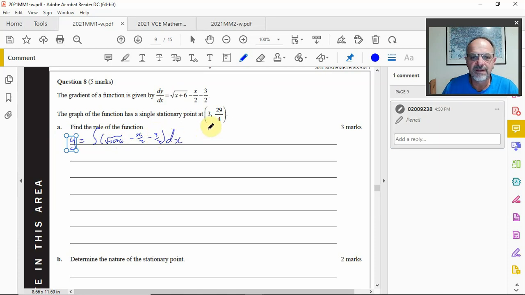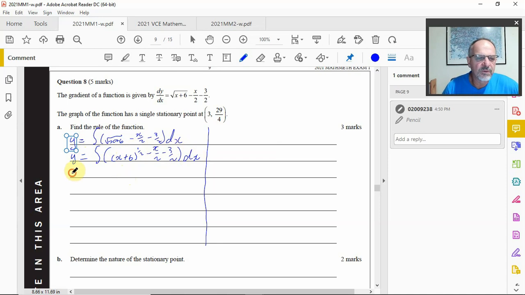Now I'm going to put a line down there because I might not have enough space here. So I'm going to rewrite that root as an index, and so as an index it's (x + 6) to the half, minus x/2 minus 3/2 dx.